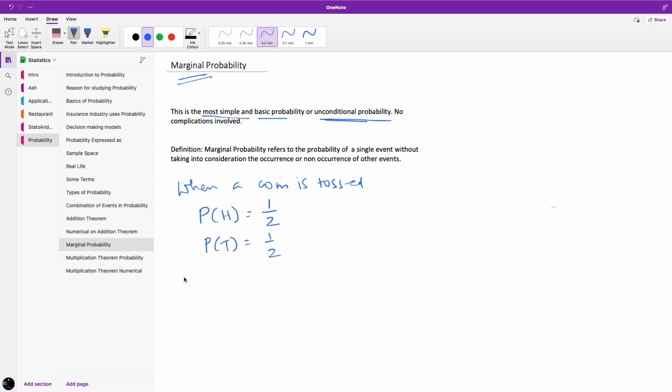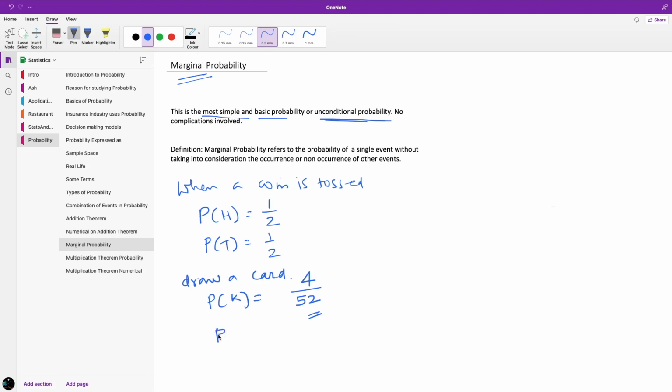Another marginal probability example is when you draw a card from a deck of cards. What is the probability of getting a king card? There are 4 kings in the deck out of 52 cards, so this is the probability of getting a king card.